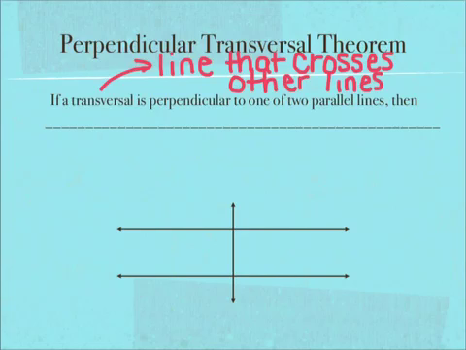Okay. And this says if a transversal is perpendicular to one of two parallel lines, and I want you to look at this picture down here. These two lines are parallel, meaning they don't cross ever. If this transversal is perpendicular to one of them, then it automatically means that it's perpendicular to the other.